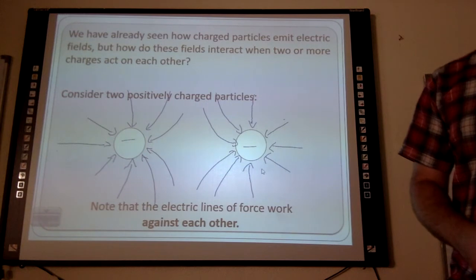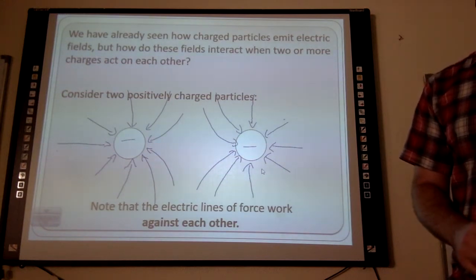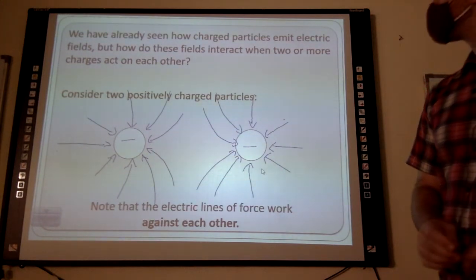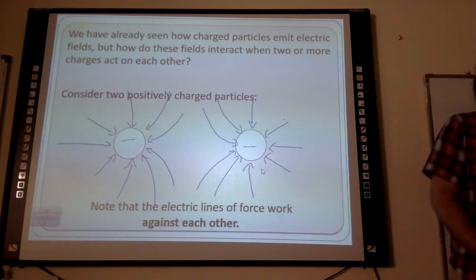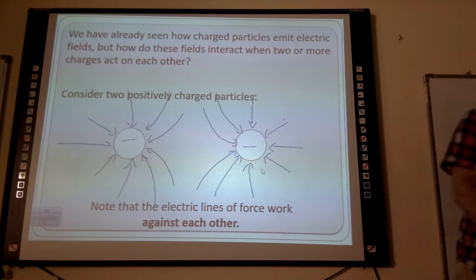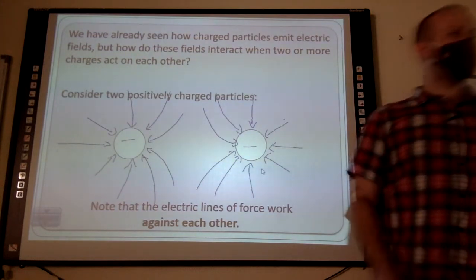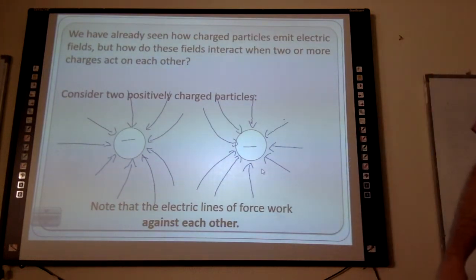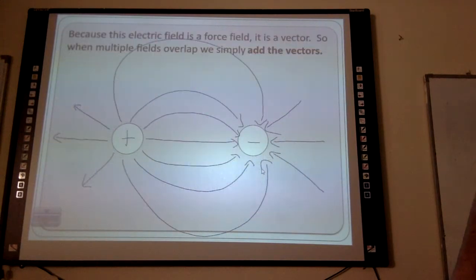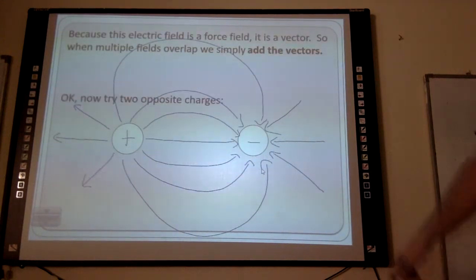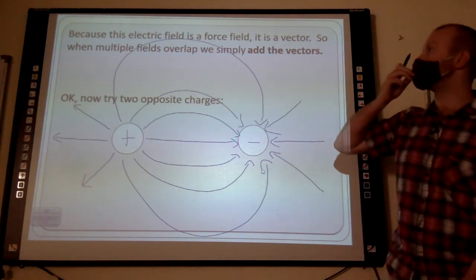Determine the electric field. So here, note that the electric lines of force work against each other. And I think this is one of your spaces too.